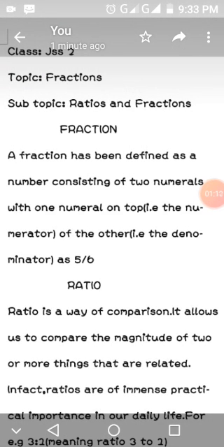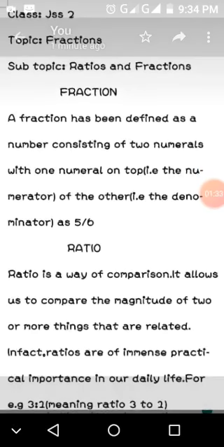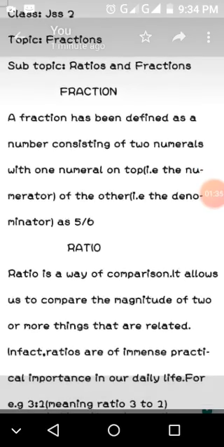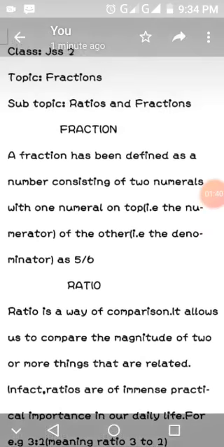Now that takes us to ratio. What is ratio? Ratio is a way of comparison. It allows us to compare the magnitude of two or more things that are related. In fact, ratios are of immense practical importance in our daily life.